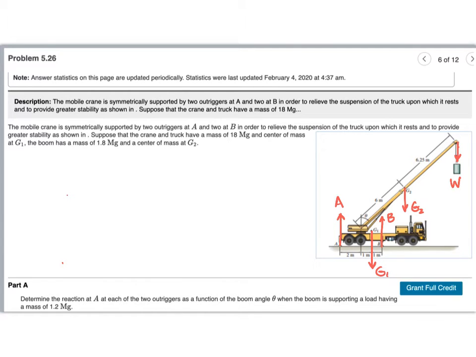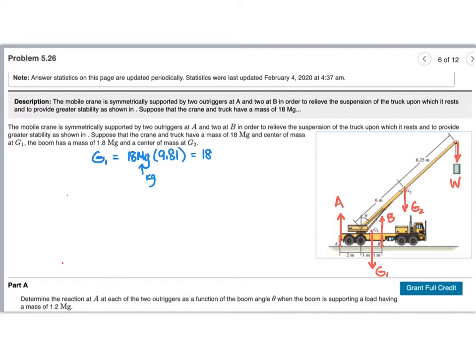I just wanted to talk a little bit about the units here. So they had the truck and the crane, they said, so G1 was 18 megagrams, and then we'd multiply that by 9.81, but this has to be in kilograms.